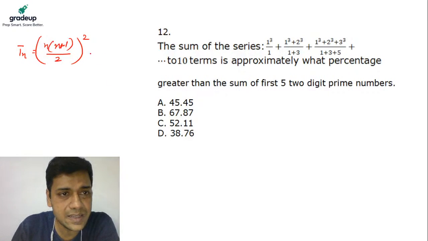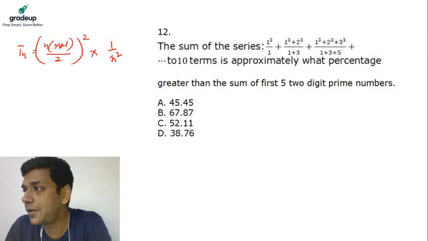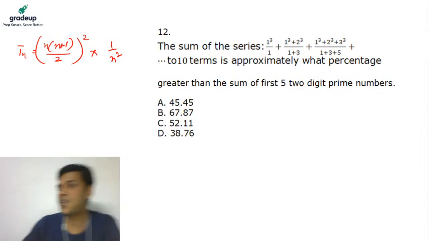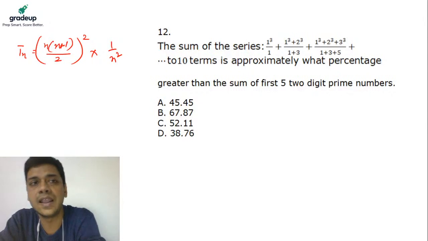Your denominator is the sum of first n odd numbers, and the sum of first n odd numbers is nothing but n square.